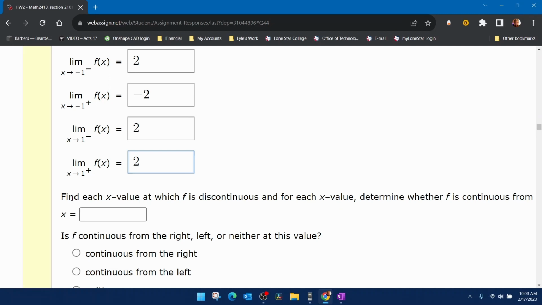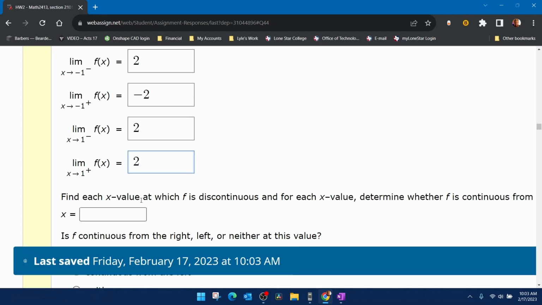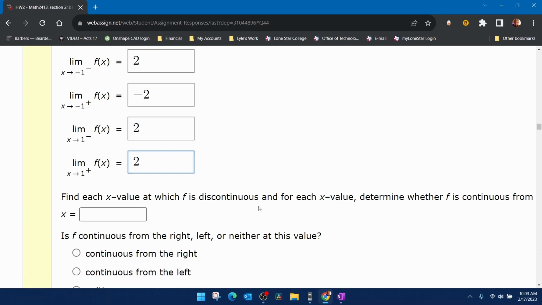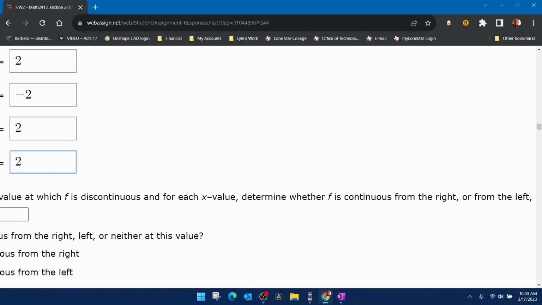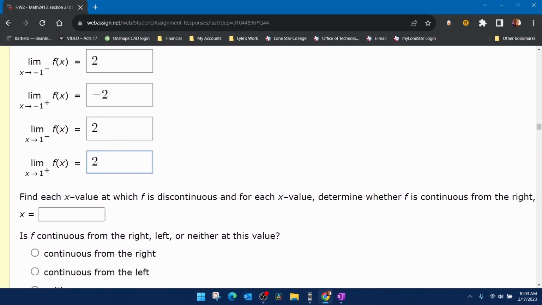If we read the next part, it says find each x value at which f is discontinuous, and for each x value determine whether f is continuous from the right or from the left or neither. So the way we're going to do that is we're going to look at our limits. The first two limits were as x approaches -1 from the left and right.